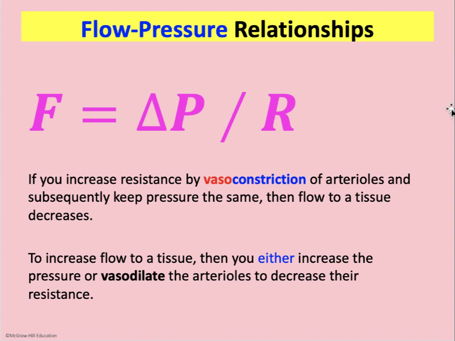The arterioles closely follow the flow-pressure relationship that we've seen before, where the rate of flow is proportional to the pressure difference across that region divided by the resistance. In simple terms, you can increase the flow either by increasing the pressure difference or reducing the resistance.